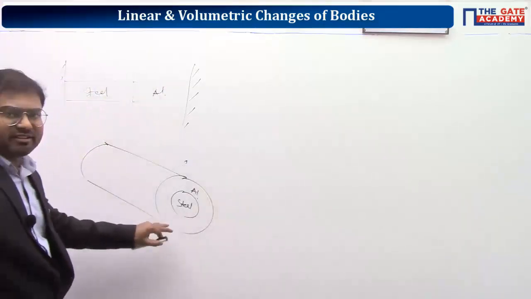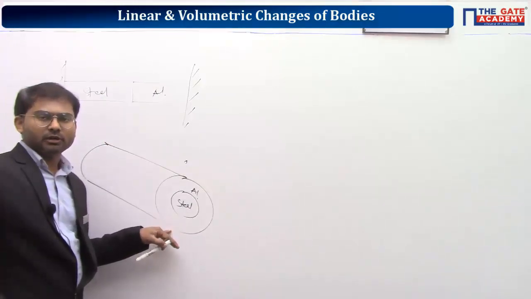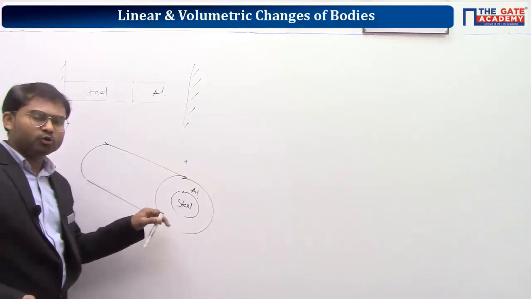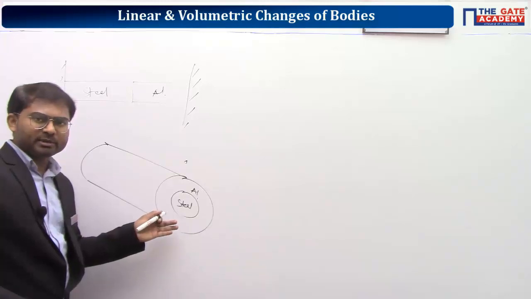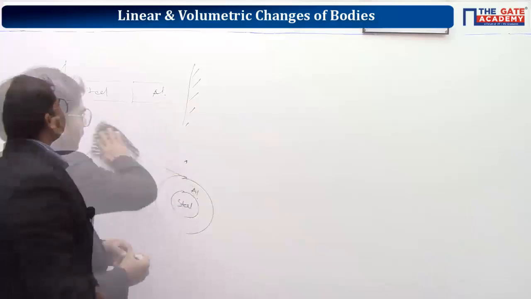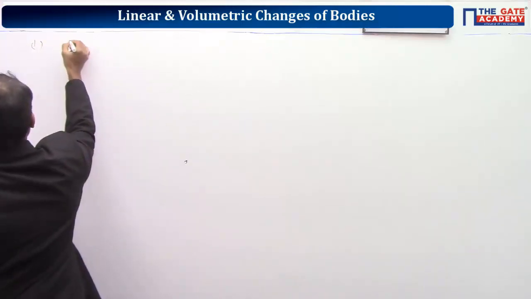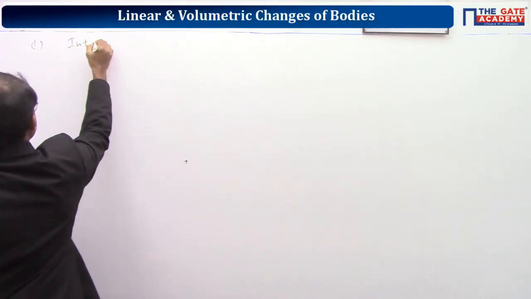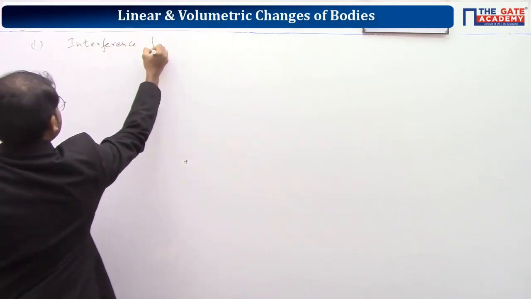I hope you have understood that we are going to deal with these types of composite bars. Let's understand how to make both of them elongate by the same value, and compress by the same value, when some force is applied. Okay. So the first case is using interference fit.